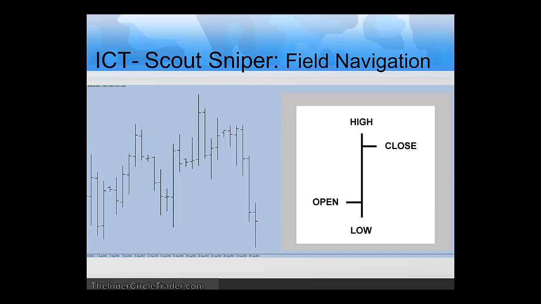The open generally is on an up day of a large range with an up day bias, and typically sees the open at the low of the day or near the low, with the close at or very near the high of the day. Now look at the example for a moment to the left.